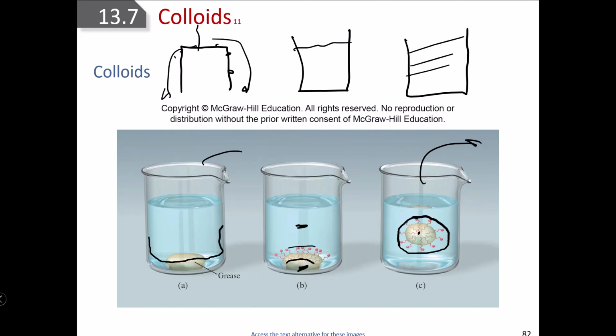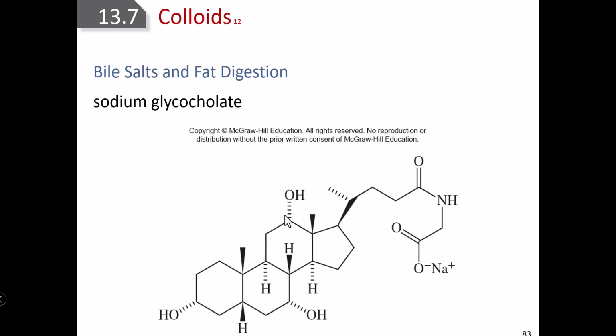So where else do we see this? We see it in bile salts, the fats that we eat, how do we get those digested? And again, if you look at this, there's the water loving part here, and then we have some non-polar parts here, they're aromatics, and so again, this is what we need.